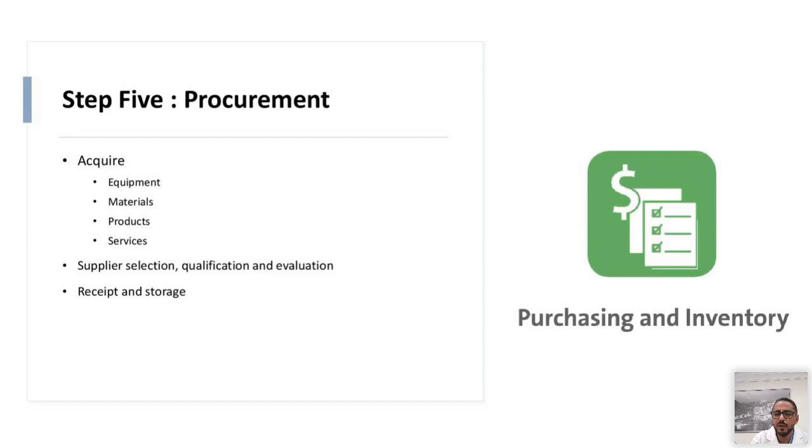So here you would consider the selection of the supplier, the qualification of the supplier, if there are certain qualifications that need to be done, for example, with the Saudi FDA, with importing materials from outside, and the evaluation of the supplier, which is something very important to be done and considered, as you are considered the customer to them, as well as providing feedback about their performance back and forth to them, moving with your procurement department within the hospital. And where are you going to store those supplies or equipment or materials?